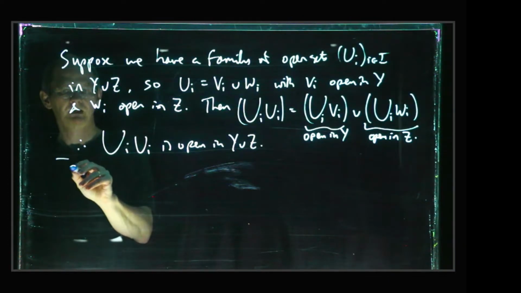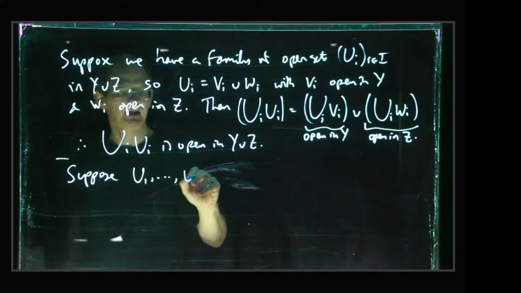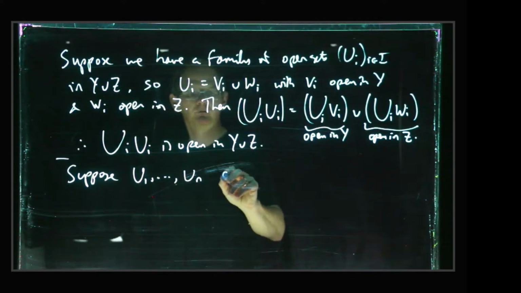And finally, suppose U_1 up to U_n, so I've got some finite list of open sets.